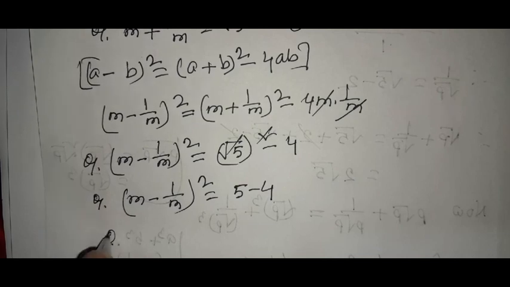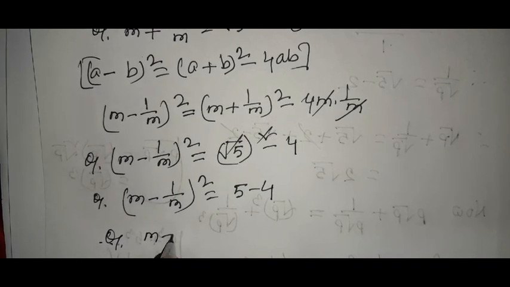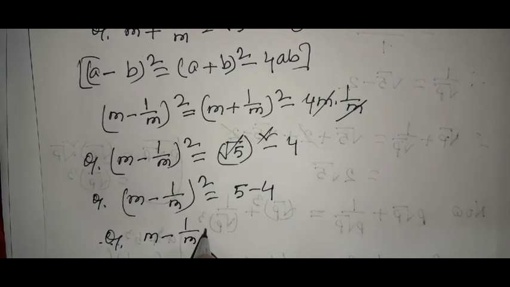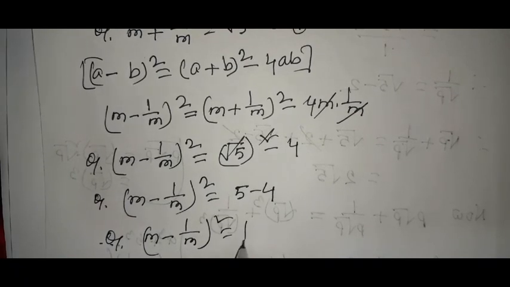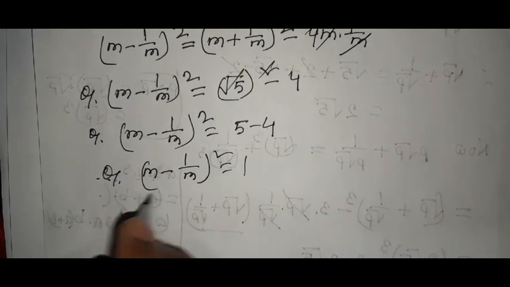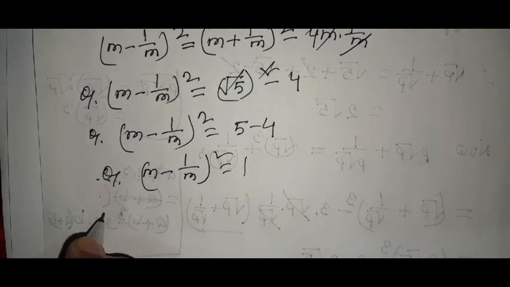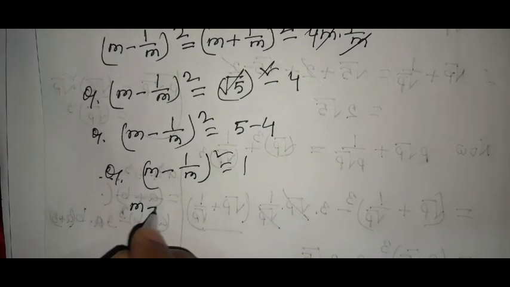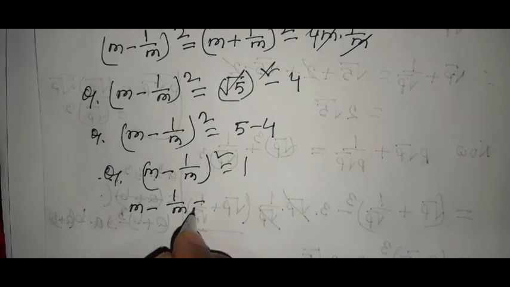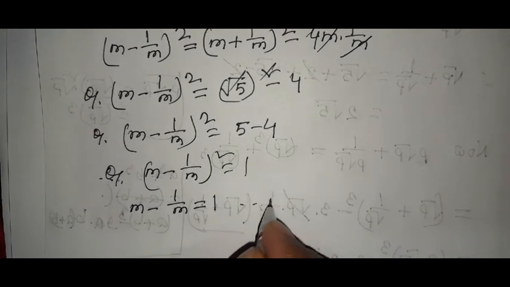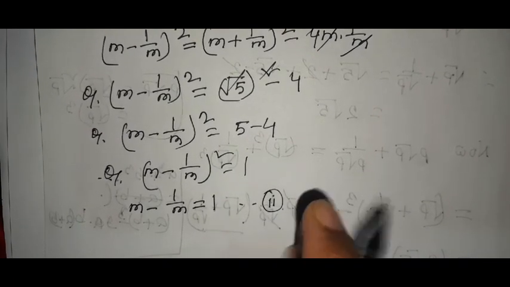So (m − 1/m)² is equal to 1. Square root both sides, we get m − 1/m is equal to 1. Equation number 2.